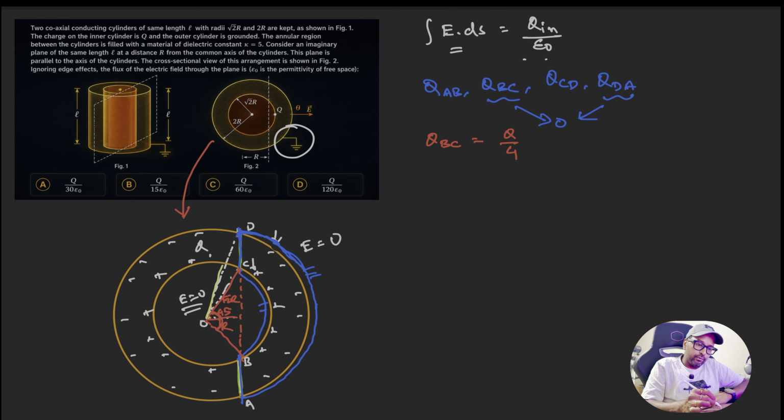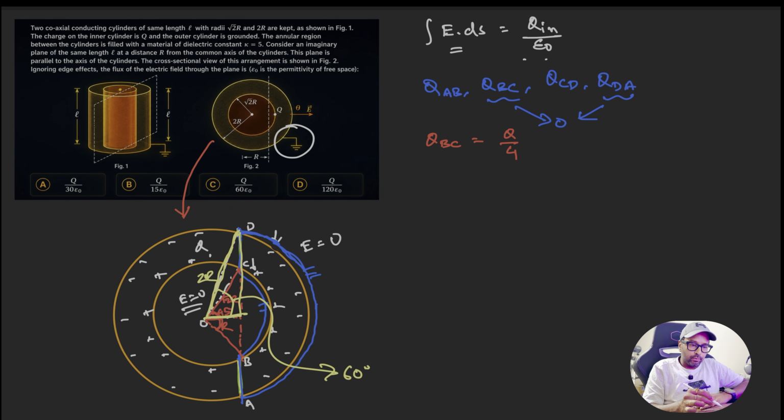Similarly, if you look at the bigger triangle, let me now switch to some other color, maybe yellow. You join the line OD and you take this yellow triangle, which is again, we know the extent, this particular hypotenuse is 2r, the base is r, which means that the cos theta will be 60 degrees, right? So this particular angle will be 60 degrees.